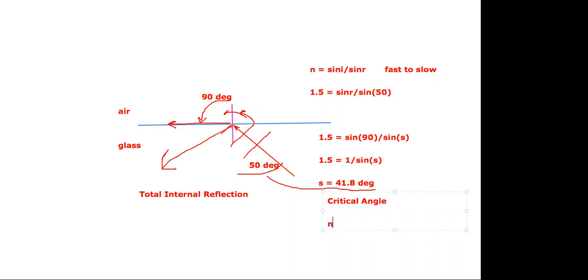You can calculate it by saying n equals 1 over sine of theta critical. So they write a theta, and I'll put a subscript of c. The critical angle is a very special angle. If you're trying to get out of a slow medium and you're beyond the critical angle, you'll have total internal reflection. If you're less than that, you'll get out at some other angle.